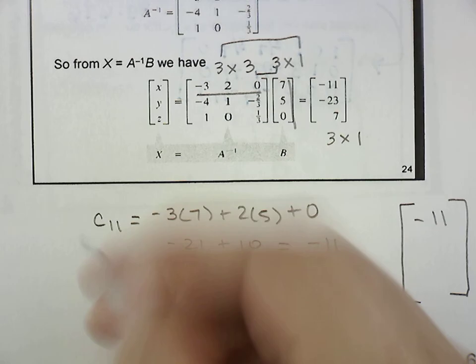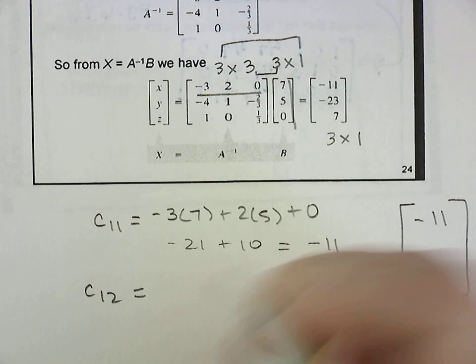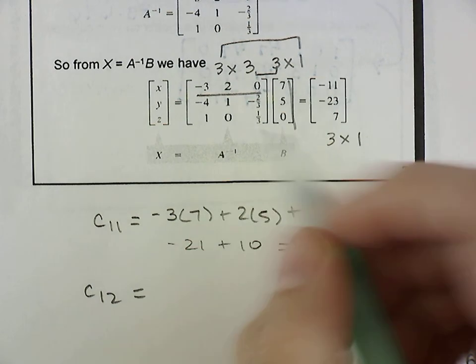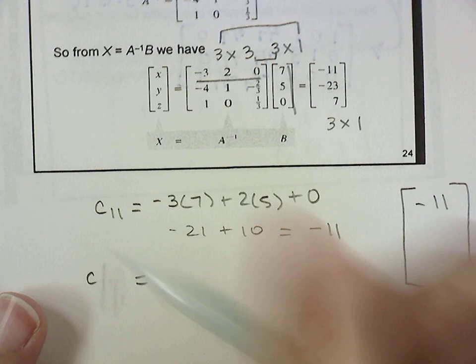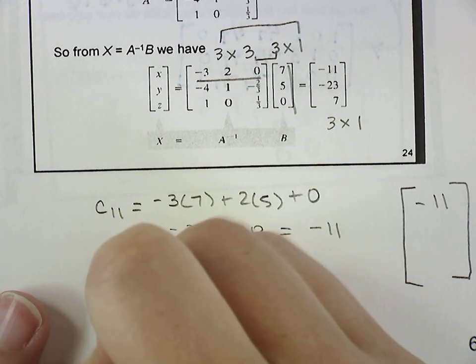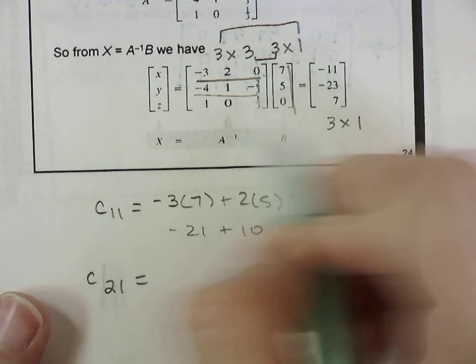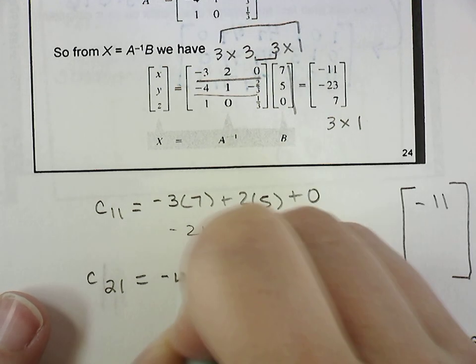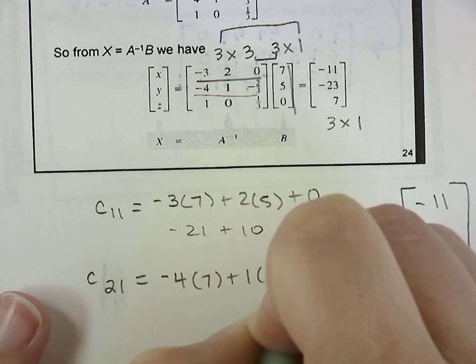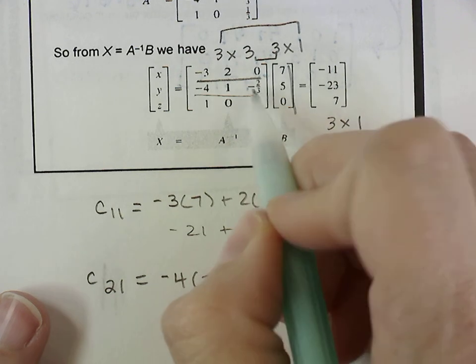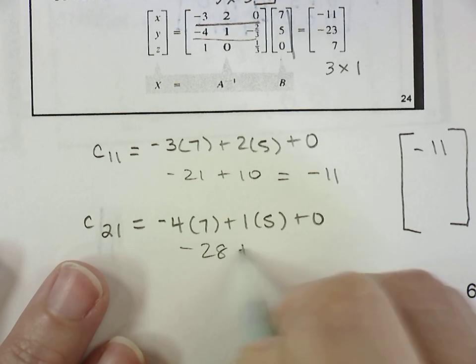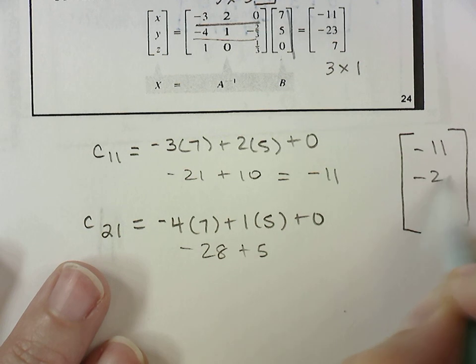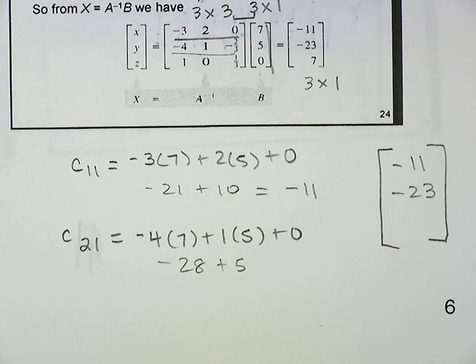We only have one column, so we go to the second row: negative 4 times 7 plus 1 times 5 plus negative 2/3 times 0, which is 0. So negative 28 plus 5 gives you negative 23.